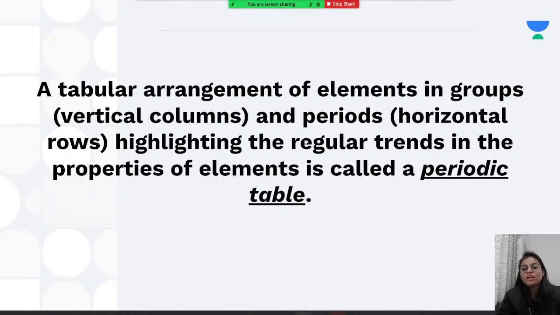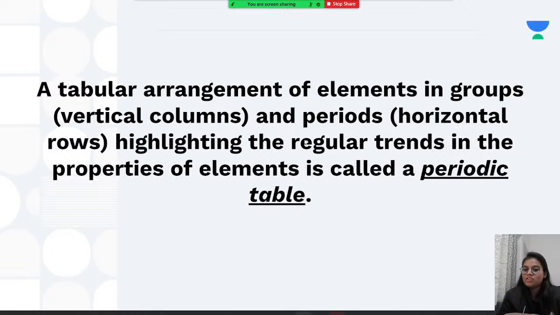They tried to arrange the elements for a better and systematic study. Okay, so that was the reason why the periodic table was made, but it was not a one-go kind of thing. There were many trial and error methods that happened before we had our main or modern periodic table. So this modern periodic table came after the trials of many scientists.